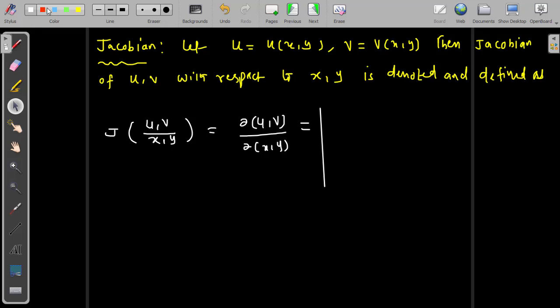It is defined as the determinant with first row dou u by dou x, dou u by dou y, and second row dou v by dou x, dou v by dou y.